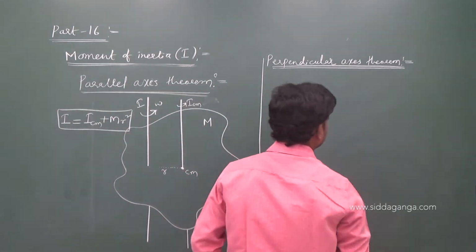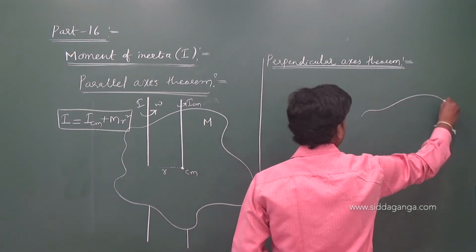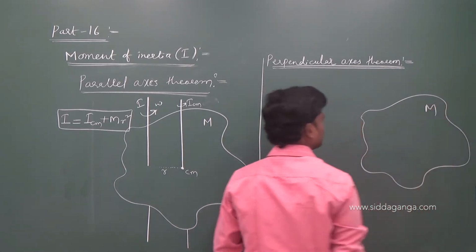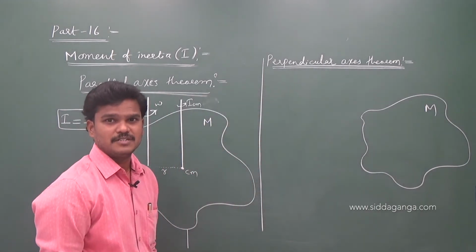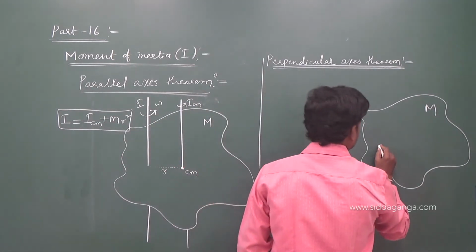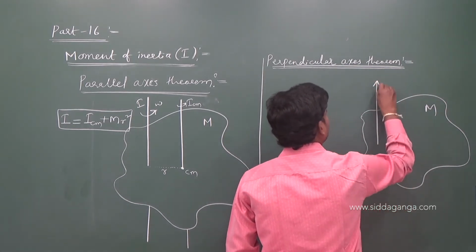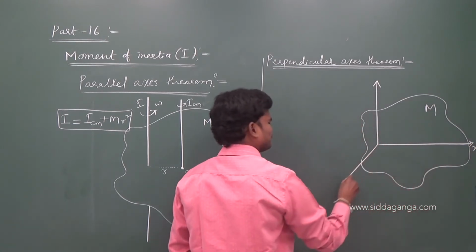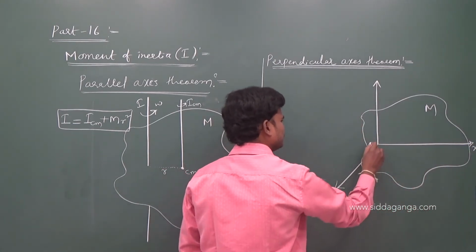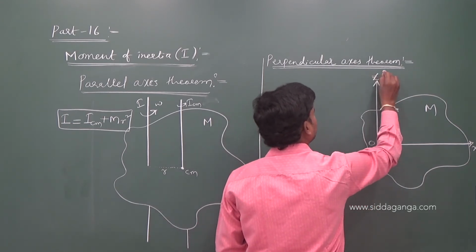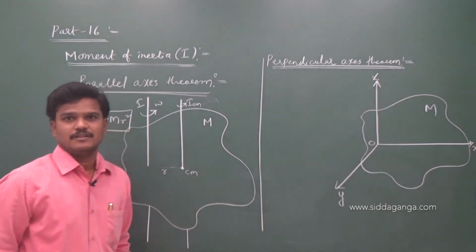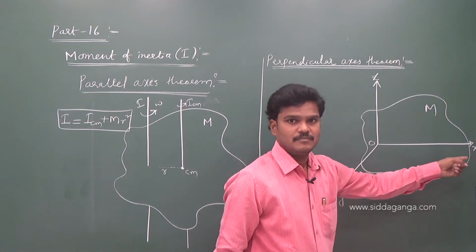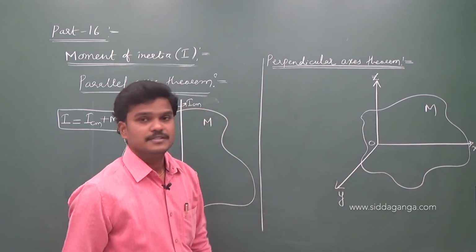For this also let me consider a rigid body of mass m, rotating about an axis. Let us suppose this is the x axis, this is the y axis, and the other one is the z axis.